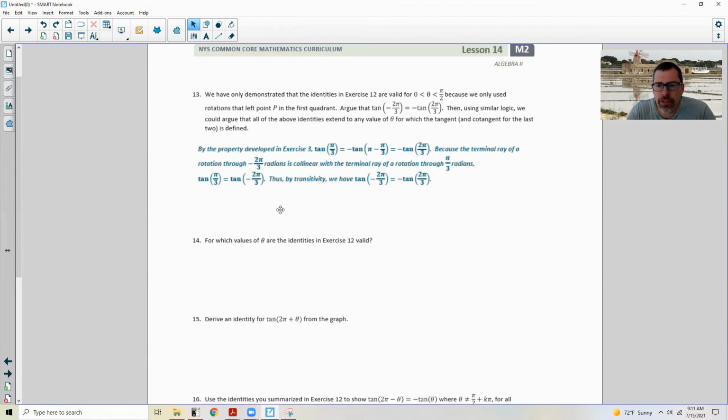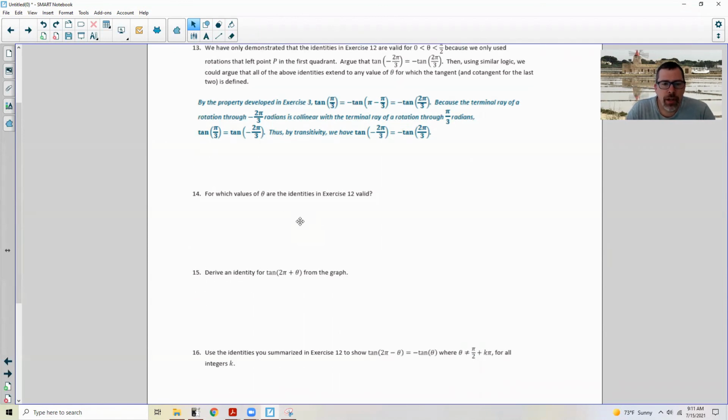Because the terminal ray of a rotation through negative 2 pi over 3 radians is collinear with the terminal ray of a rotation through pi over 3 radians, that would justify that the tangent of pi over 3 is equal to the tangent of negative 2 pi over 3. Thus, by transitivity, the tangent of negative 2 pi over 3 has to equal the negative of the tangent of 2 pi over 3.